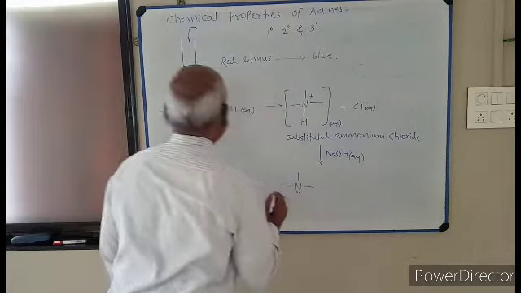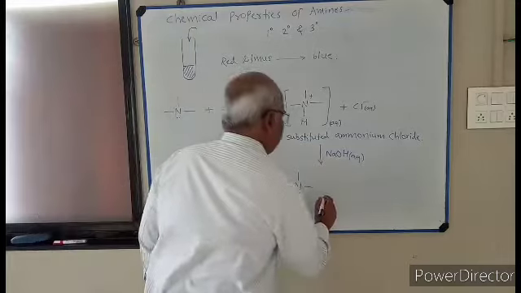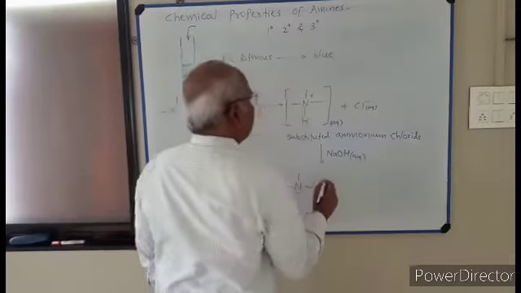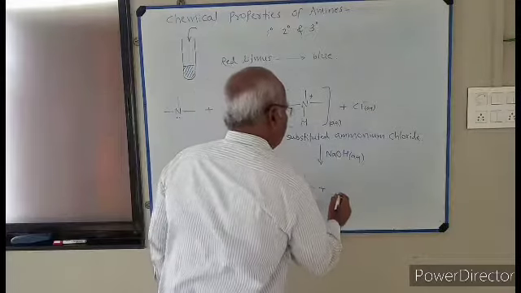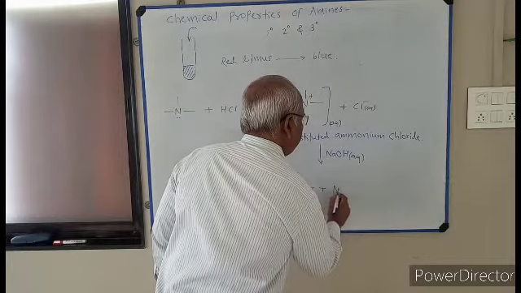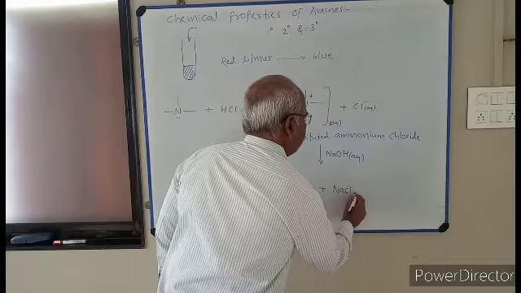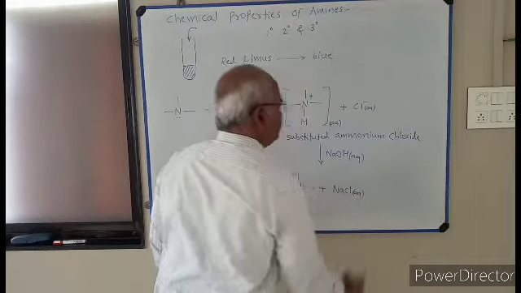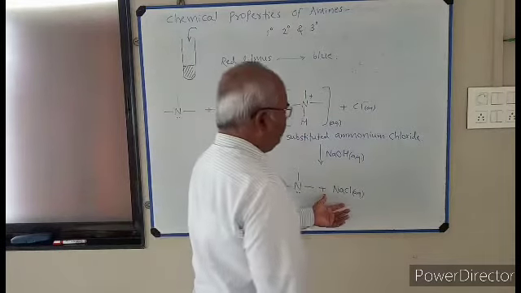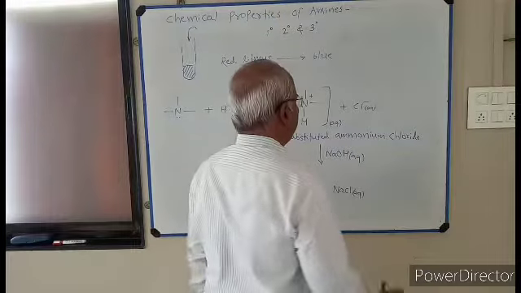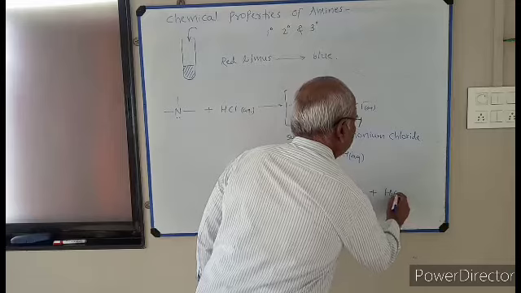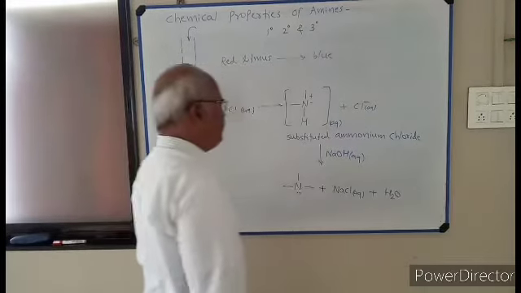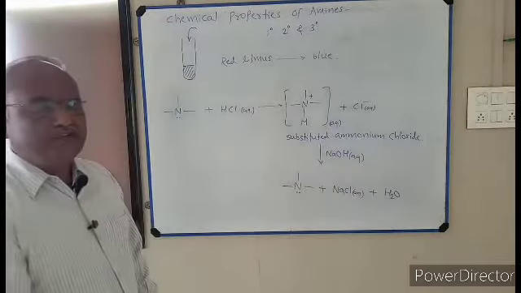Lone pair of electrons. Na combines with Cl and NaCl aqueous is formed. RNH3 plus ion, Cl minus ion, plus H2O is formed. This reaction is taking place.